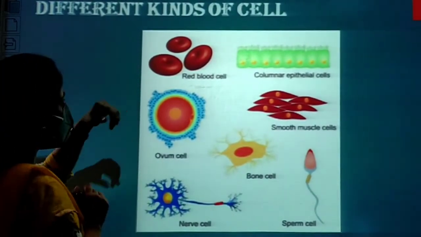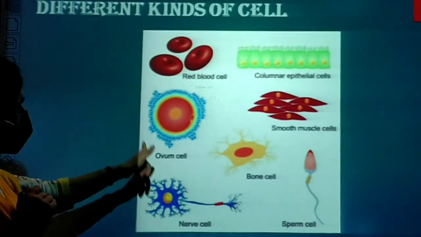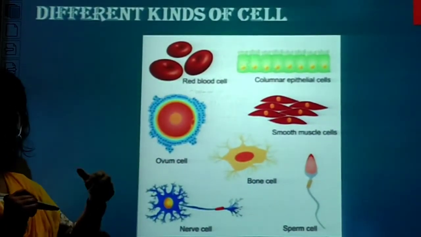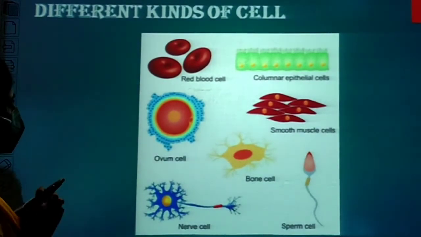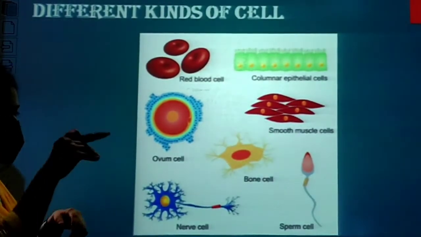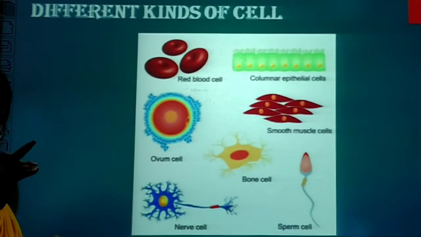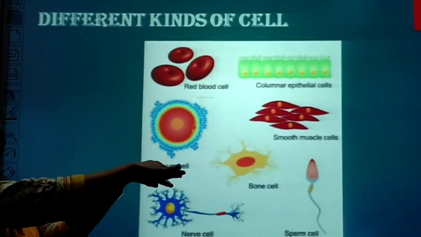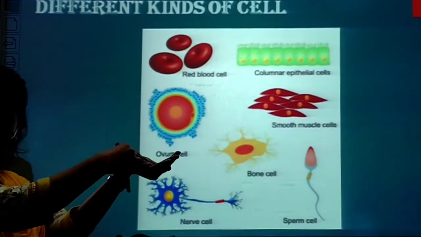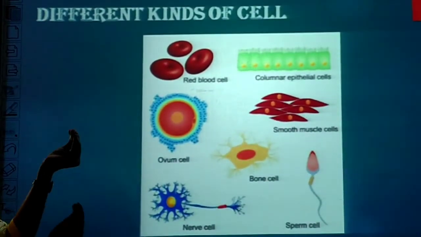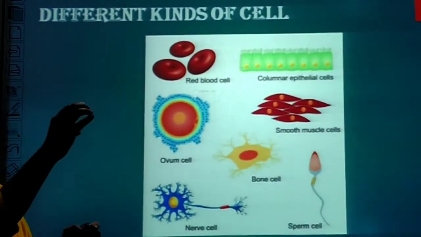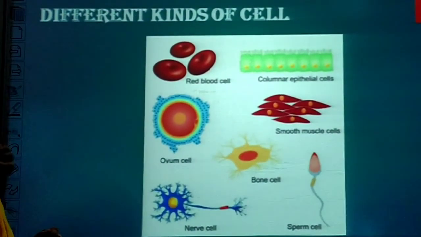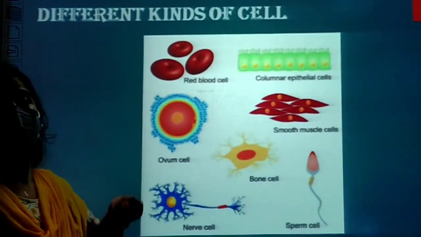These are different kinds of animal cells. Red blood cells are blood cells which, if you can see, are curved inward at the middle on both sides. If there is a circular disc structure that is curved in at the center on both sides, that is why its shape is called biconcave.